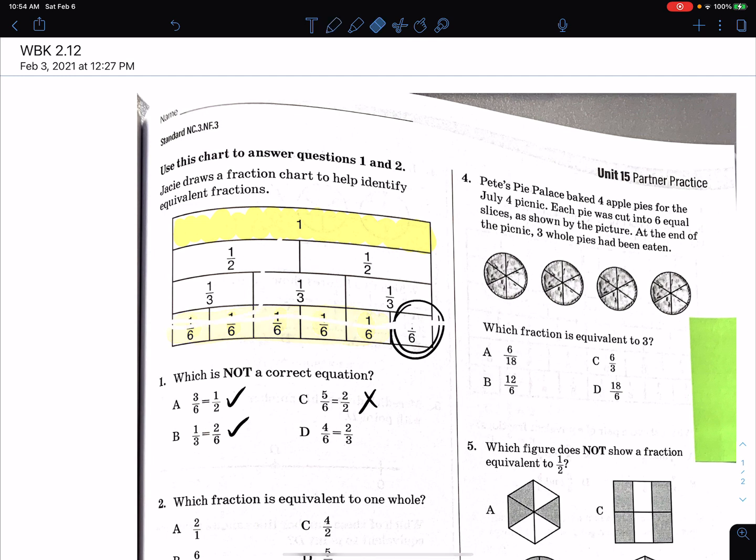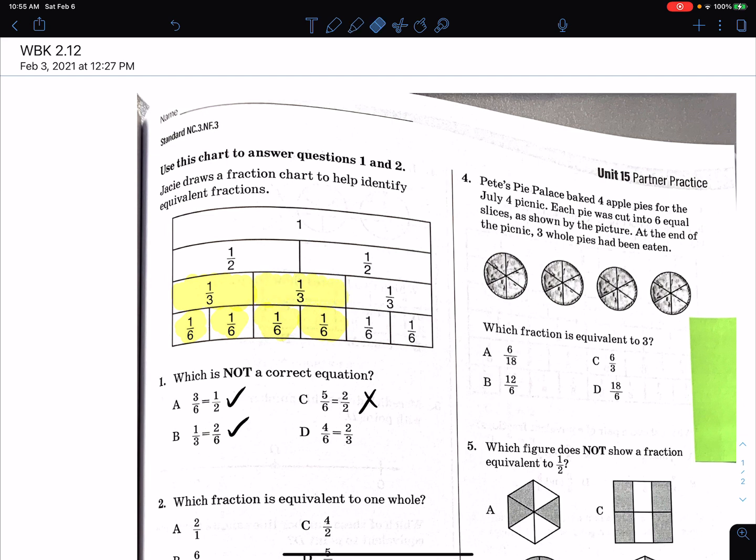Okay. And I know it asked me for which one is not a correct one, but I always want to check all 4 answers to make sure that I'm getting the right answer. So letter D has 4/6. So we have 1, 2, 3, 4, 6, and we have 2/3. So 1/3 and 2/3.